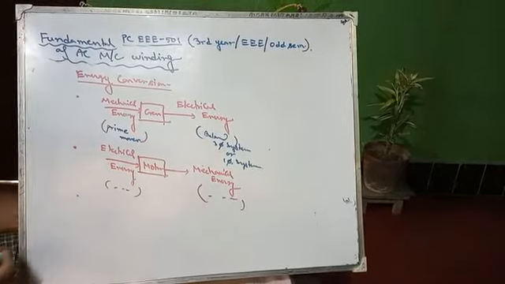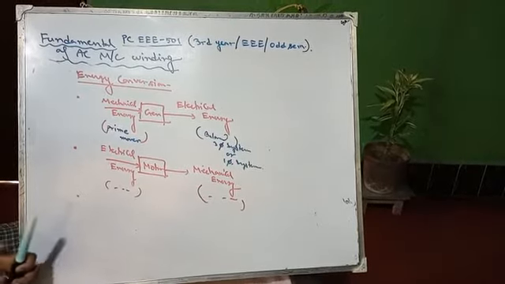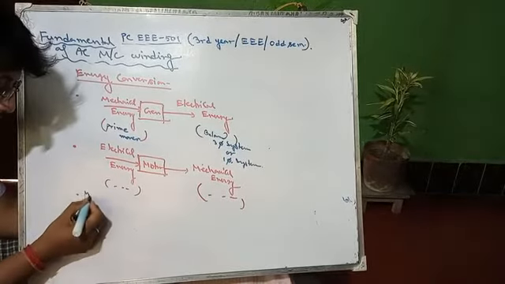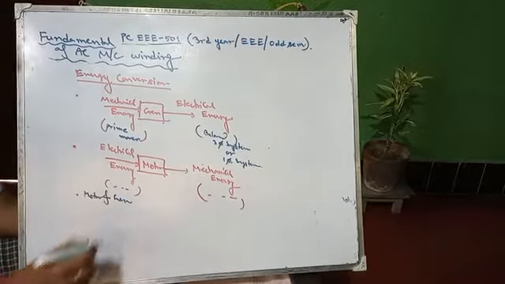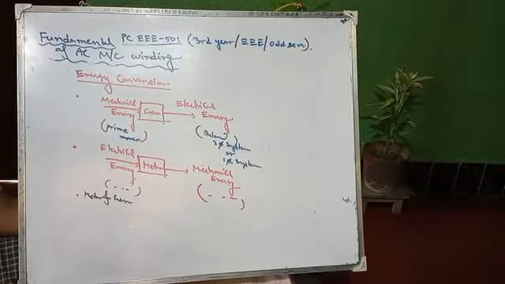Okay, so next one, third point: the construction of motors and generators is similar. Always remember, motor and generator both have identical characteristics from the point of view of construction.